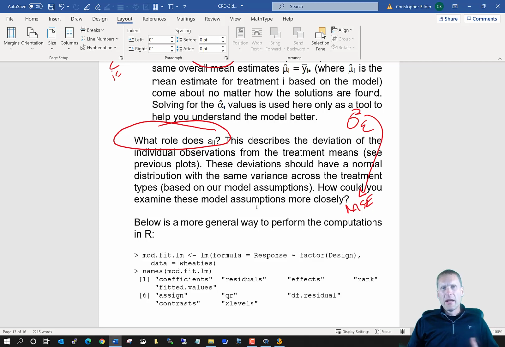And so on your own, I'd like you to think about that. How could we actually look at that assumption with our observed data? You'll get more information about how to do that once we talk about models called regression models too.